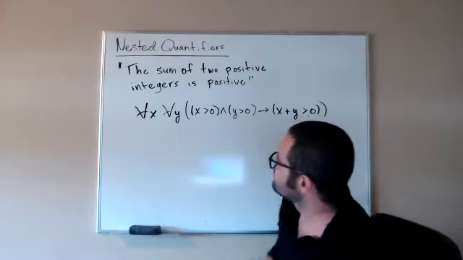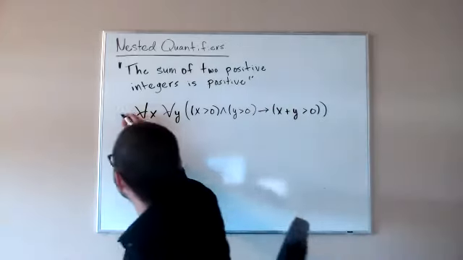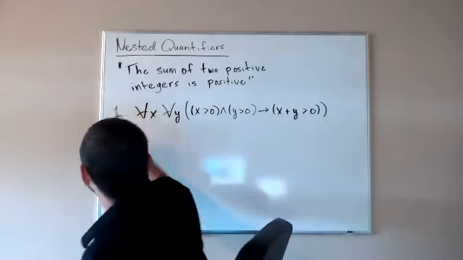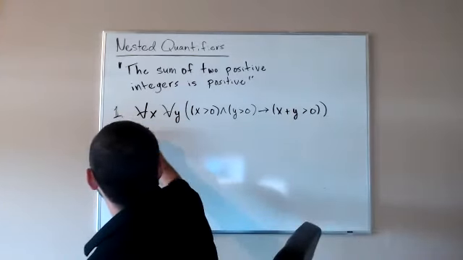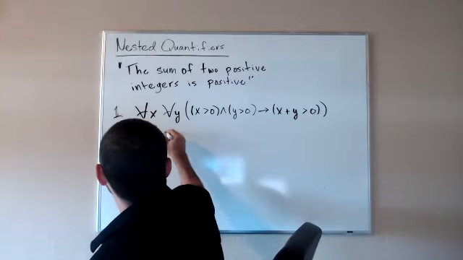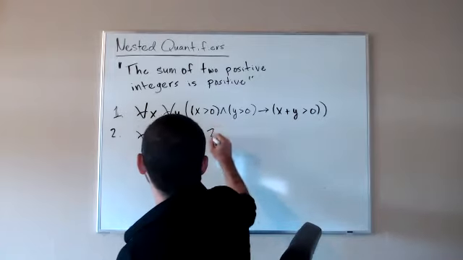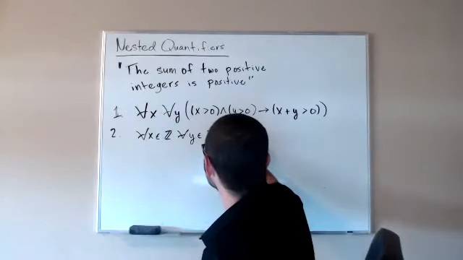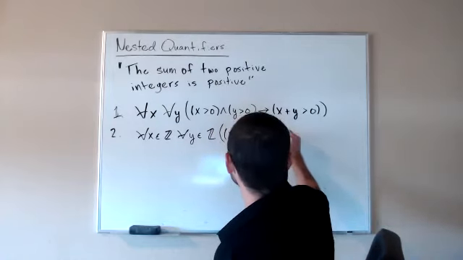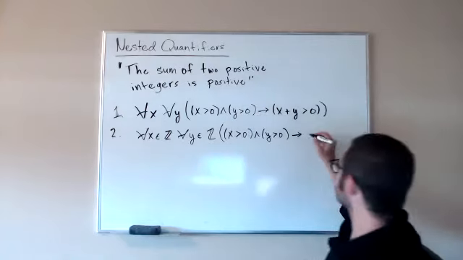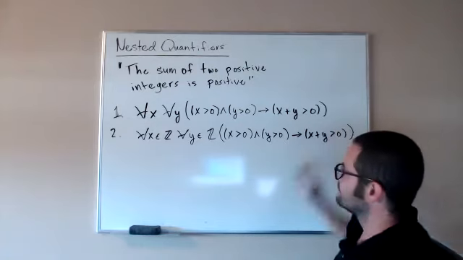Now, if you wanted to be more specific, this is what you probably see in a textbook: for all x that are integers, for all y that are integers, x greater than 0 and y greater than 0 implies x plus y is greater than 0.